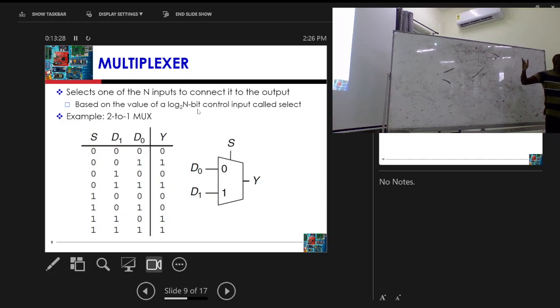What gate do we use? So we have two outputs, but from the table, we want just one. We want to combine this one and this one to make one output.